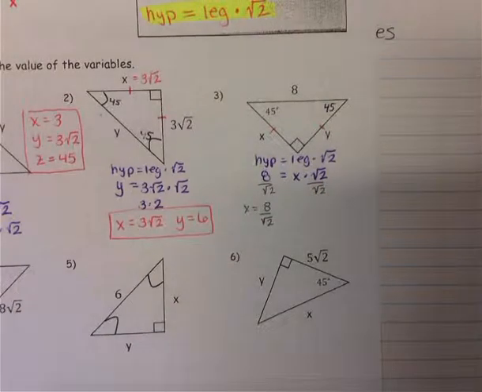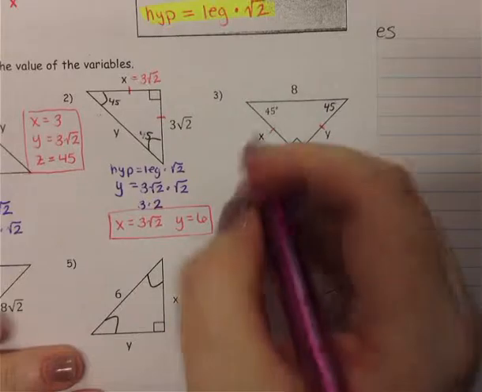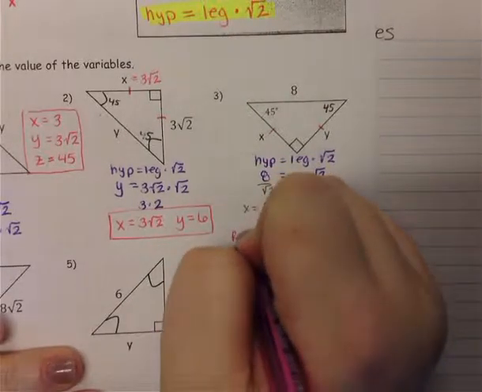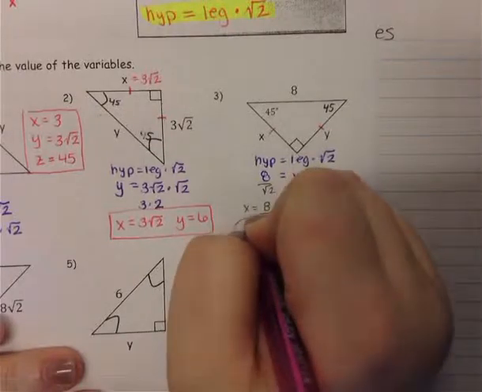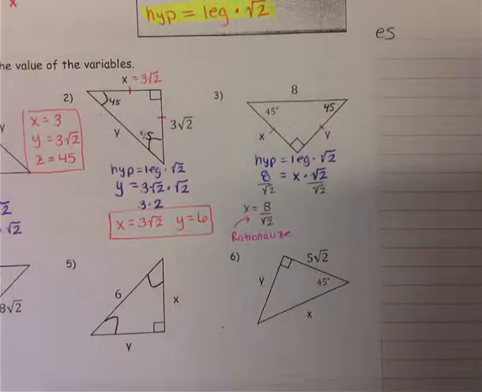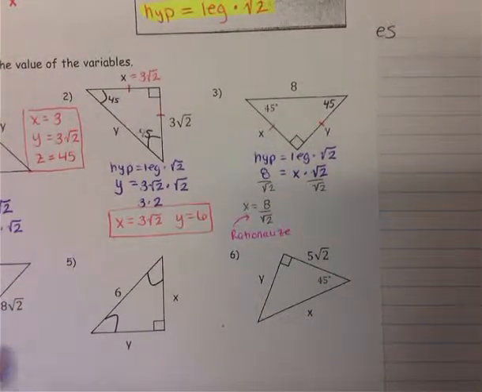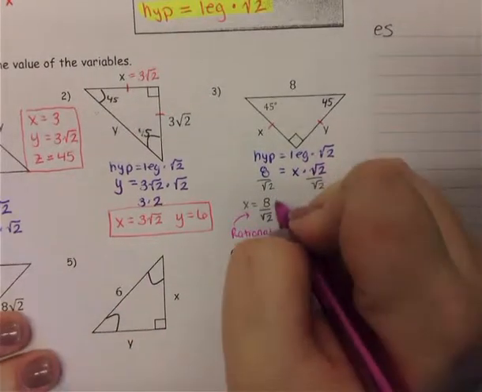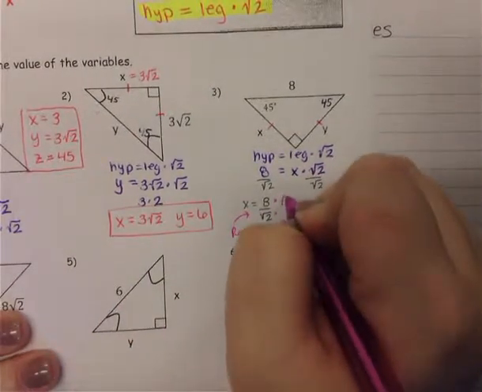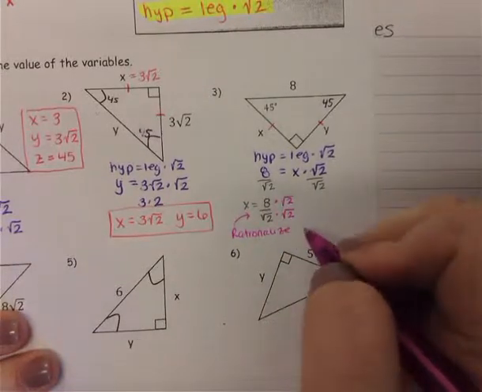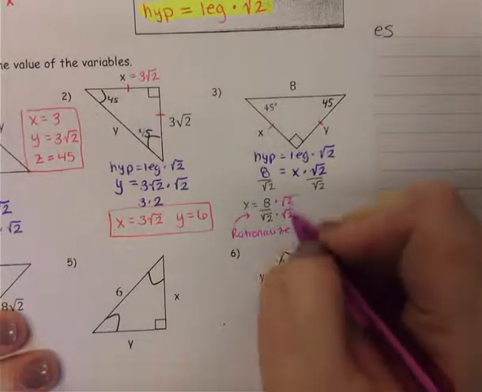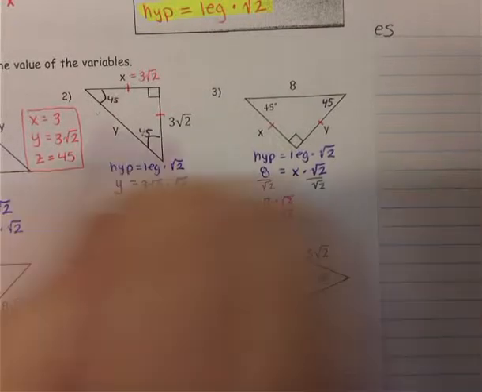However, you cannot leave a radical in the denominator. This is when we have to rationalize the denominator. In order to rationalize this, we have to multiply by the square root of 2 on the top and bottom, because we want to get rid of the irrational number in the denominator, and we are technically multiplying by 1, which is why we're allowed to do this.